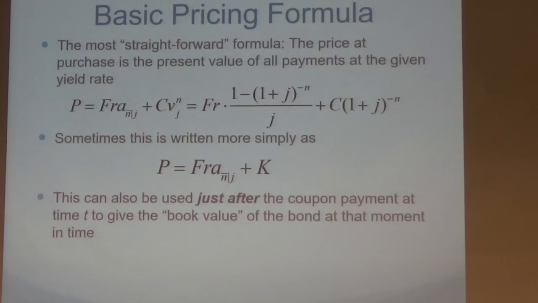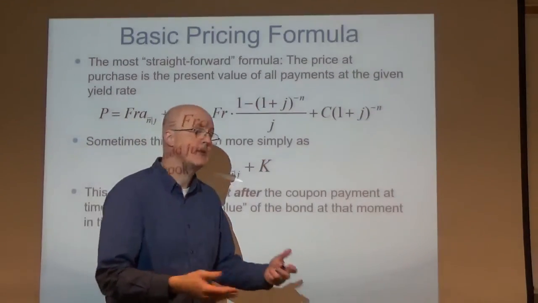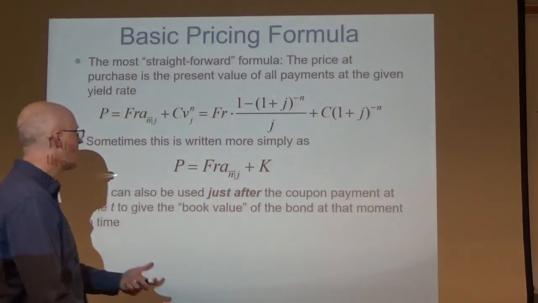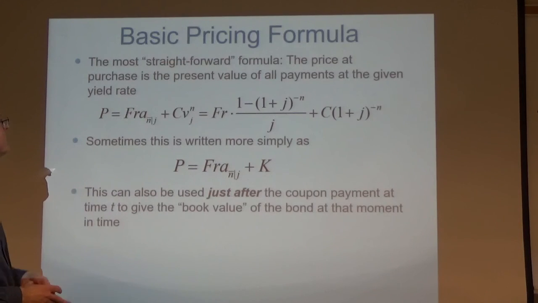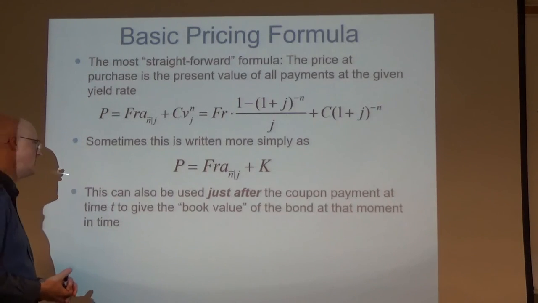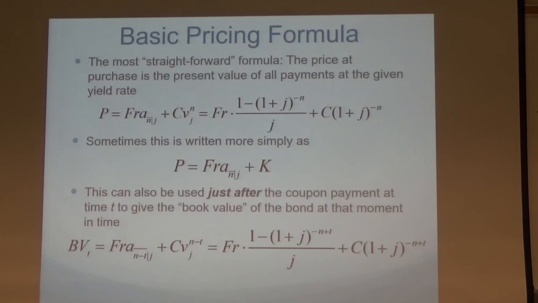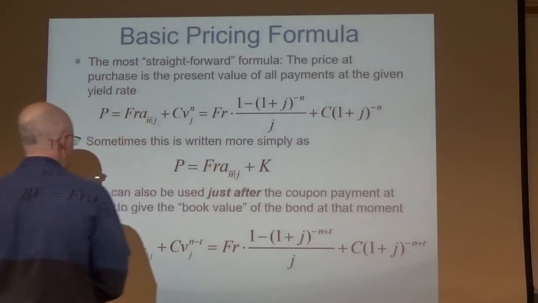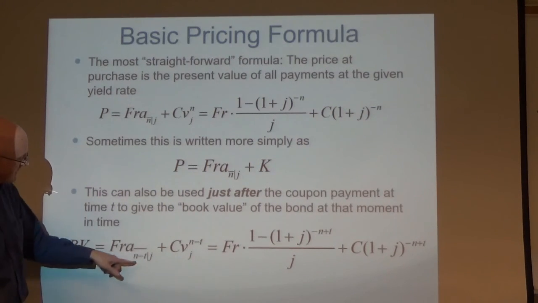And it does turn out that you can also think about, basically with a prospective method, the price at any moment in time at the given yield rate by the same formula, and that's called the book value, just after a coupon is paid, with a very similar kind of formula. The only difference being that instead of n payments, you have n minus t payments.